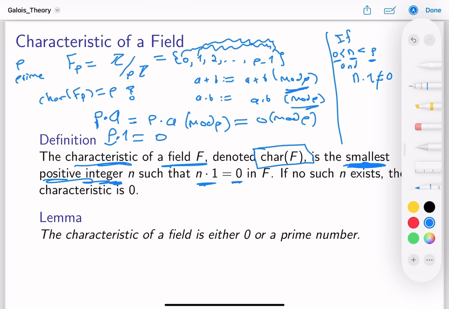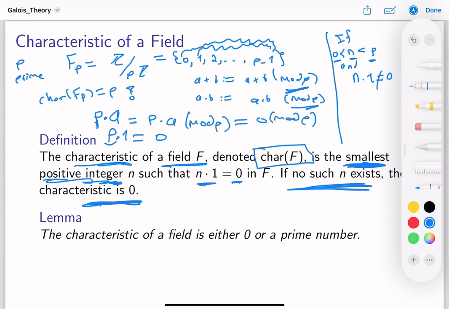Now, it might be the case that such an n doesn't exist. There are some fields where such an n does not exist, in which case we call the field of characteristic 0.